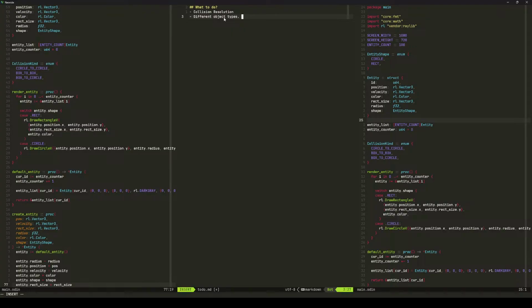Different object types, and then what else is there?